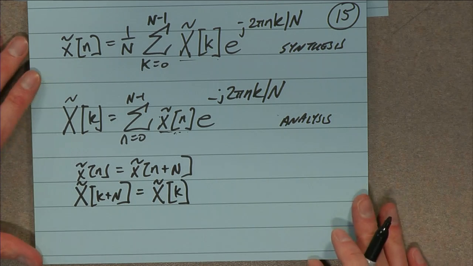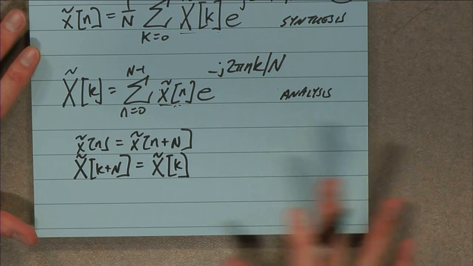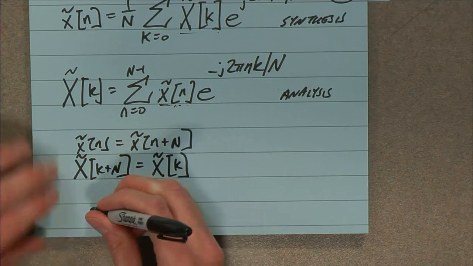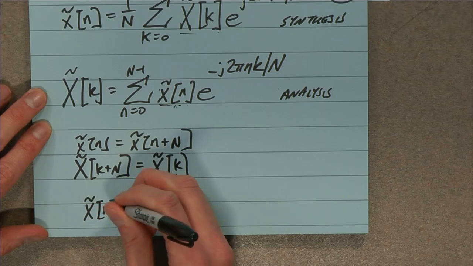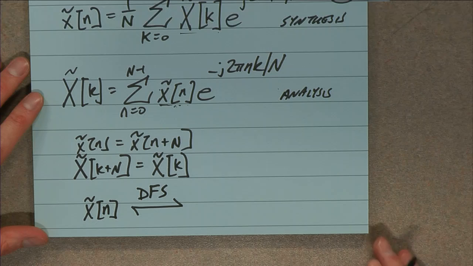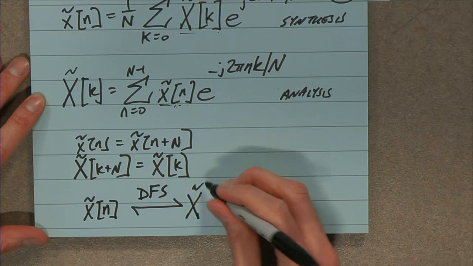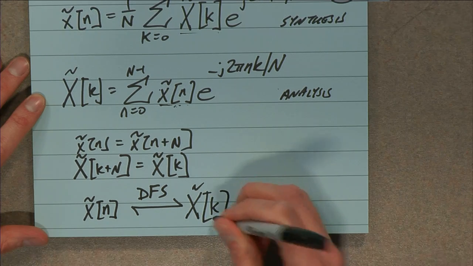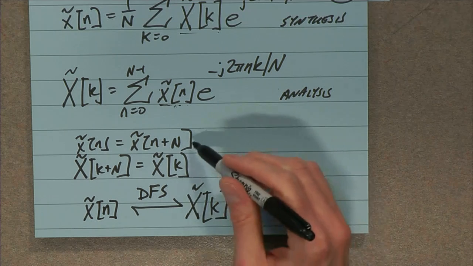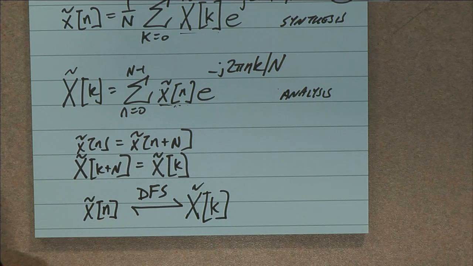And with that relationship in mind, they're both periodic and they're both Fourier related. We're going to call them the Fourier series relationship, so discrete Fourier series, or DFS. Both of these are periodic with period N, and we've got our relationship.